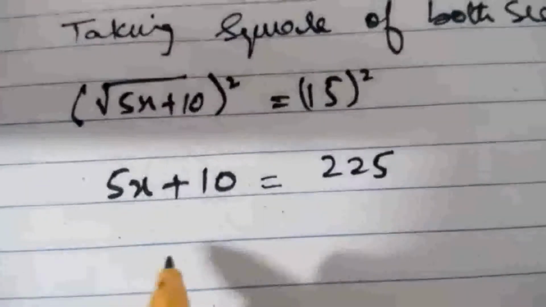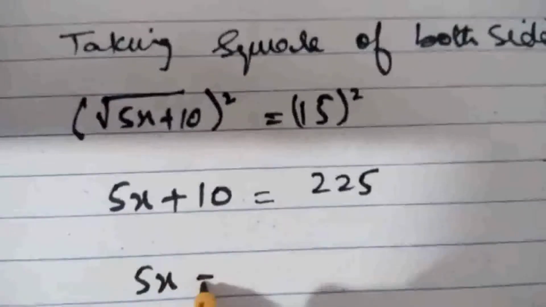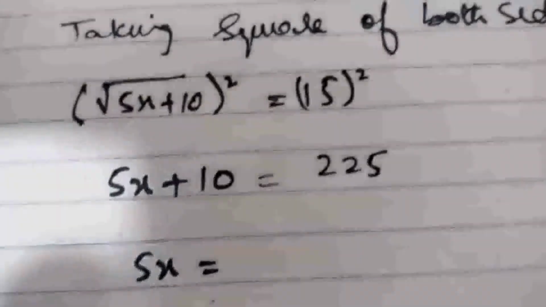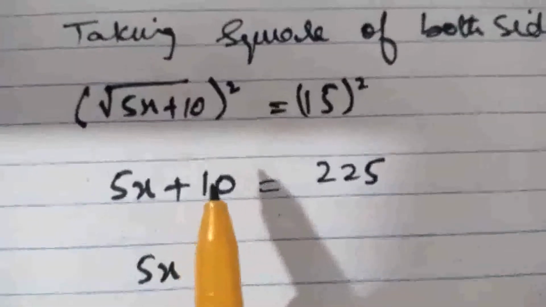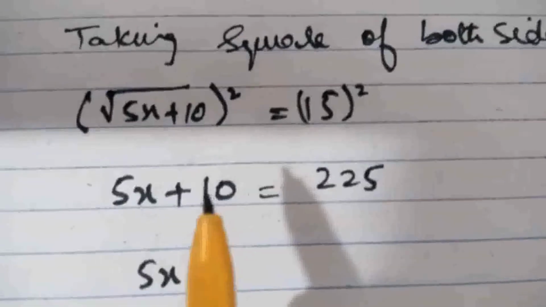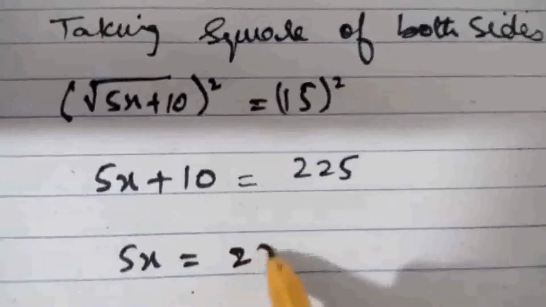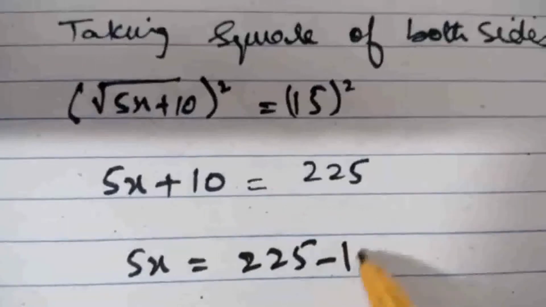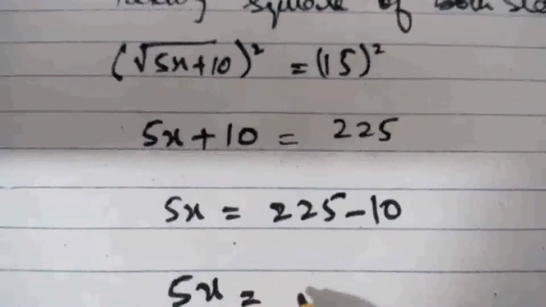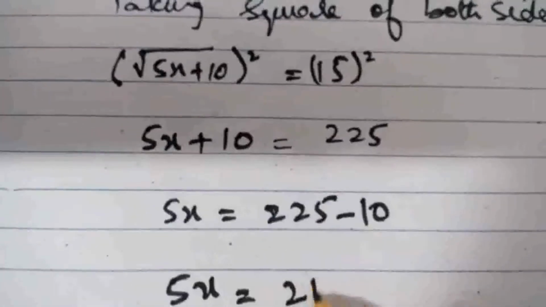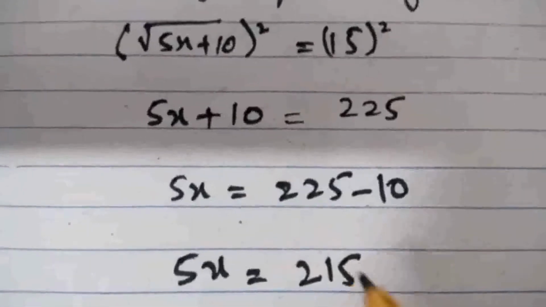Then, as we do in the simple equation, we transfer plus 10 from left to right: 225 minus 10, as a result 215 is left on the right side.